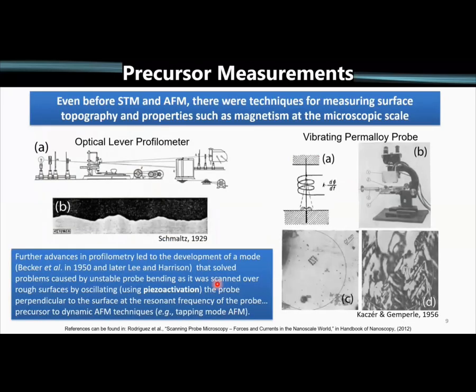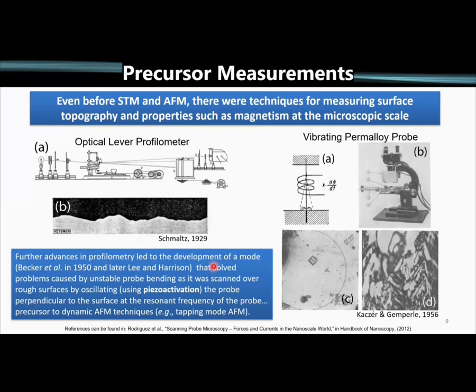The development of AFM can be traced back a little further, because what we're interested in as microscopists is imaging a surface, feeling the interaction forces in a way, or finding a way of measuring some kind of functional property. I'll point you to this 1929 paper on the report of an optical lever profilometer. You're probably familiar with profilometry, the idea of taking a stylus and dragging it along a surface.